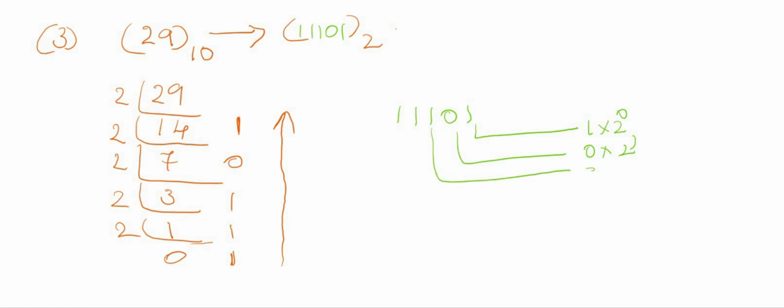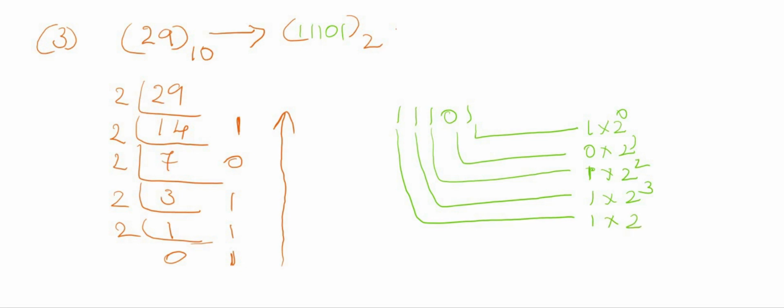Third number 1 into 2 raised to 2. 1 into 2 raised to 3. 1 into 2 raised to 4. 1 into 1, 0 into 2, 1 into 4, 1 into 8, 1 into 16. So 1, 0, 4, 8, 16.